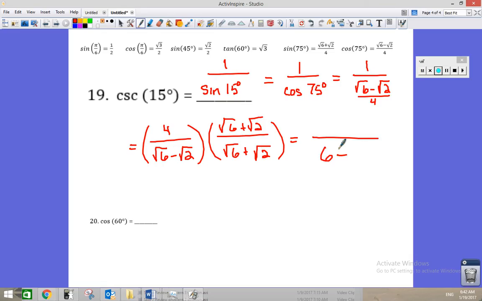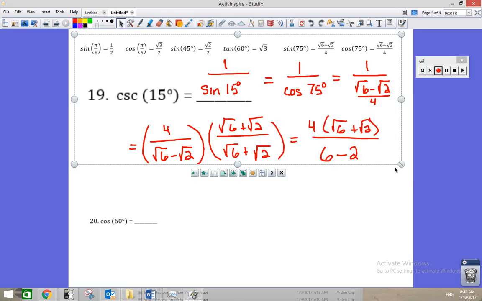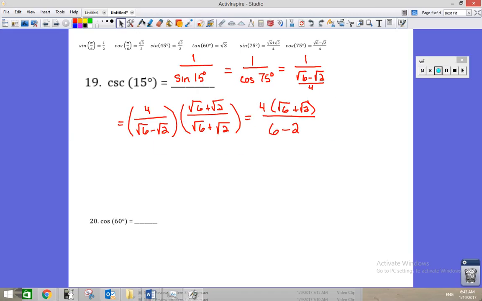When I square radical 2, I just get 2. And I have 4 times that. Let's keep it in factored form for a second because that 4 is going to cancel with that 4 in the denominator. So we've got our final answer, right? Because 6 minus 2 is 4 and 4 divided by 4 is 1. So I have the square root of 6 plus the square root of 2. The cosecant of 15 degrees is equal to the square root of 6 plus the square root of 2.